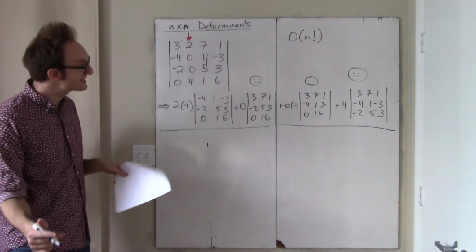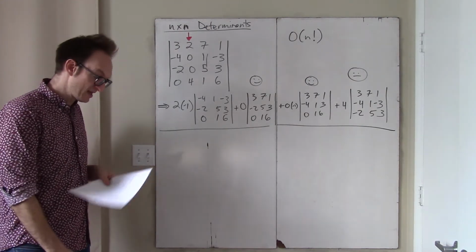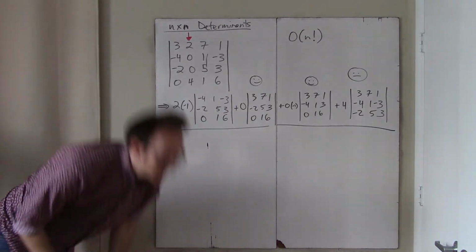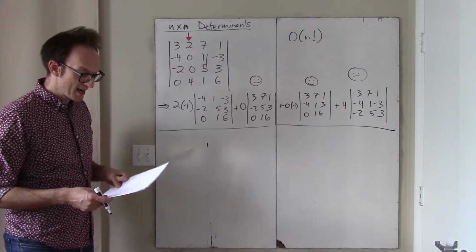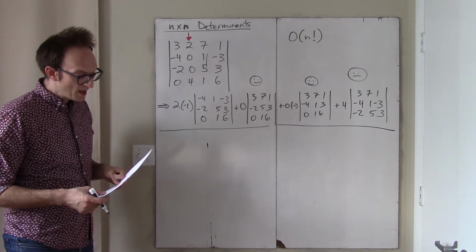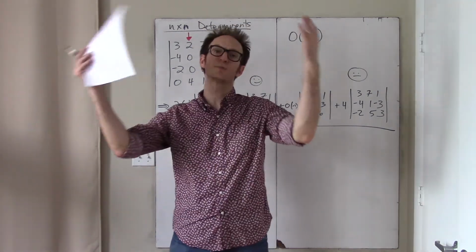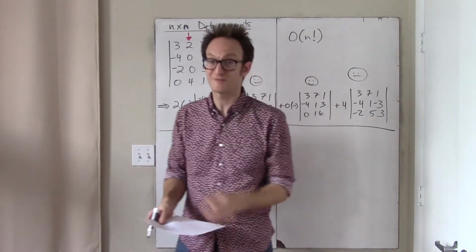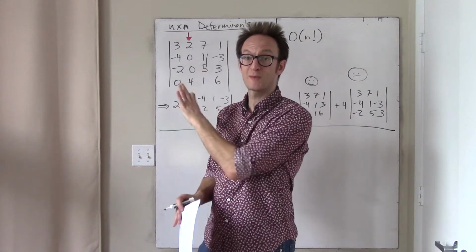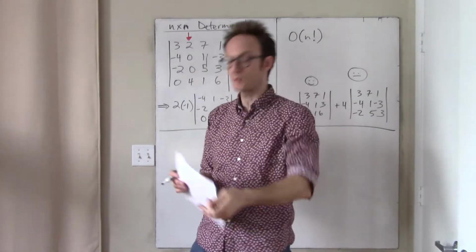All right, I'll say one last thing, which is that this really is recursive. So far you've seen it's recursive in that we discovered the 2x2 determinant, and now I've defined how to compute the 3x3 determinant in terms of the 2x2 determinants.